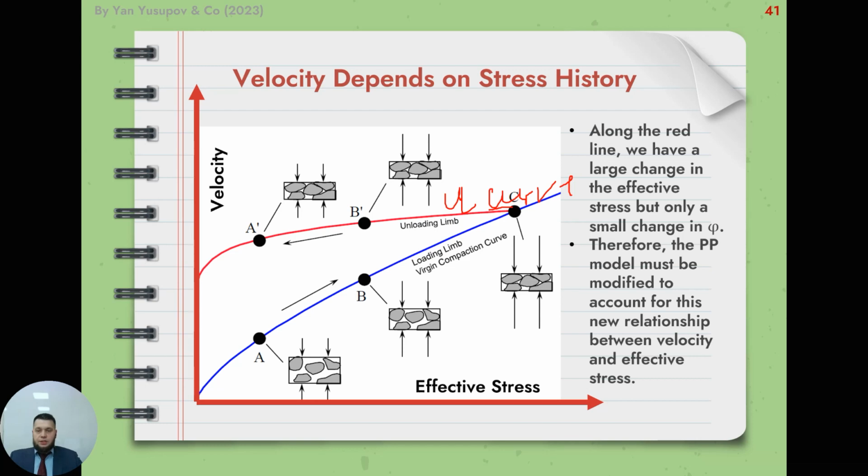Yes, because along the red line we have a large change in the effective stress, but only a small change in velocity. Okay, this is velocity in unloading condition, and velocity changes in compaction condition.